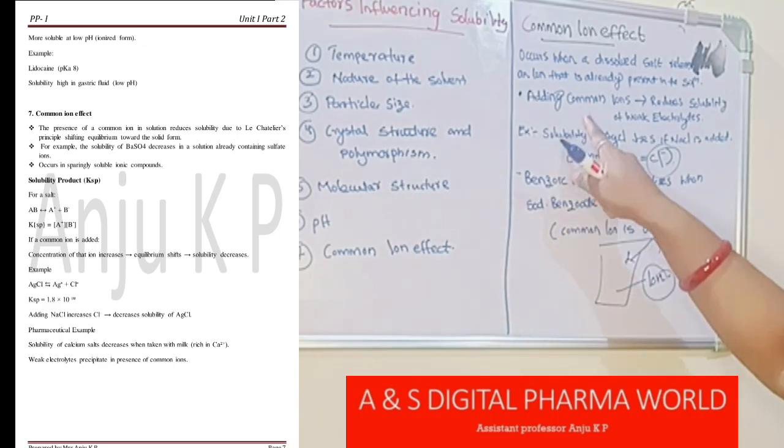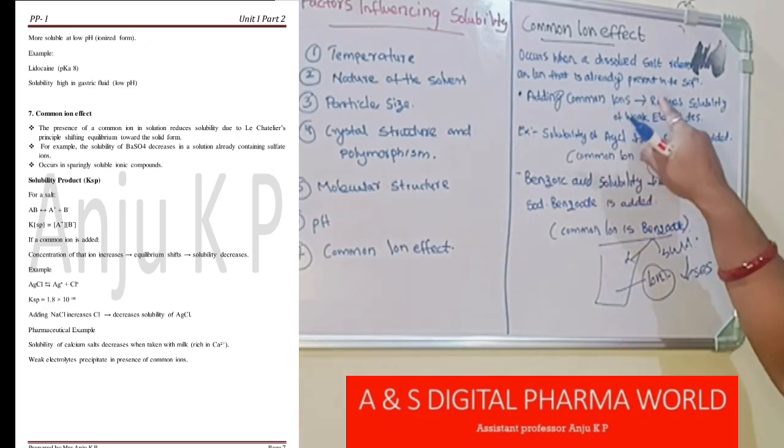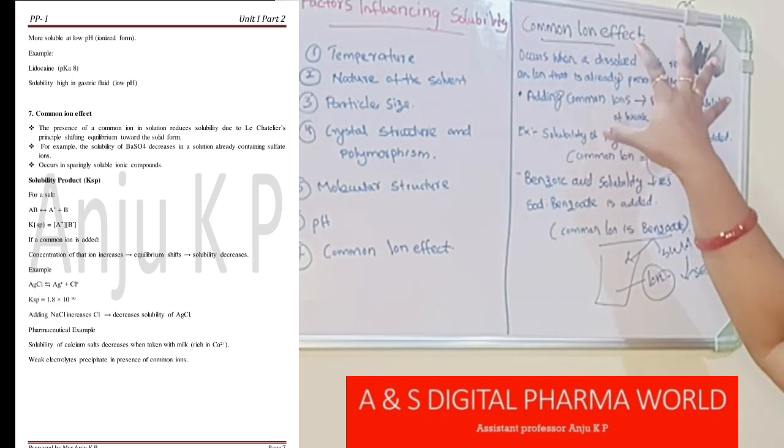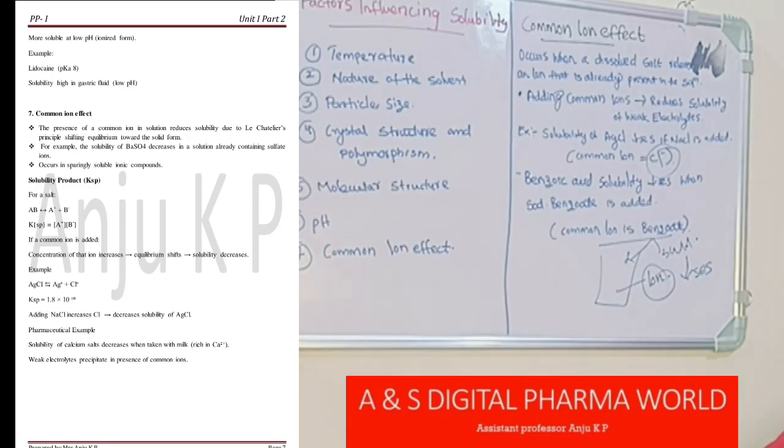Common ion effect means adding common ions will reduce the solubility of weak electrolytes. The concept is that you have a solution with an ion present, and if you add a salt releasing the same ion which is already present in your solution, it will decrease the solubility. This is the common ion effect in solubility.